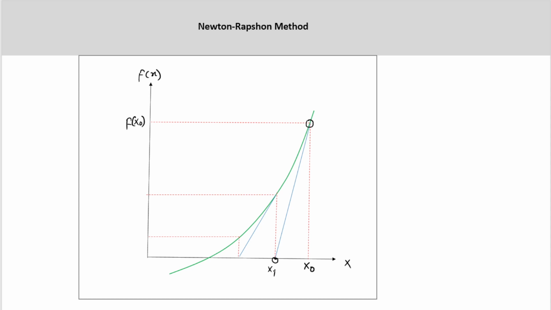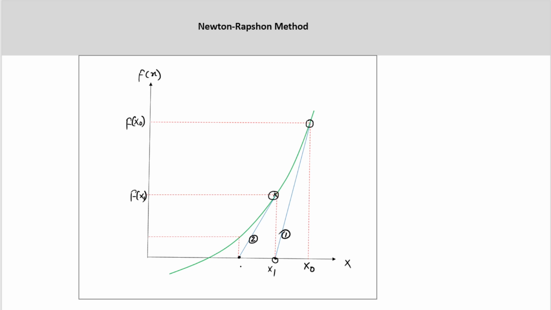This point will be our x1, and from x1 we'll again pick the value of the function, that is f of x1. From this point we will again draw the tangent and we will get another root of that particular tangent. Let's say this is number 2 tangent, this is number 1 tangent.